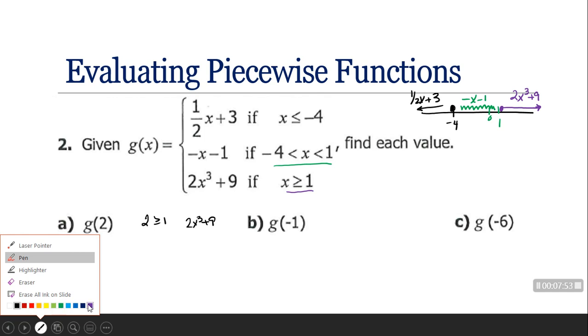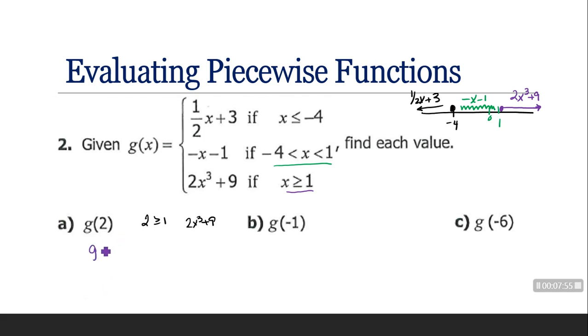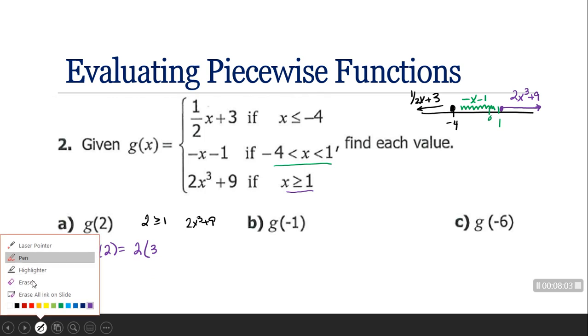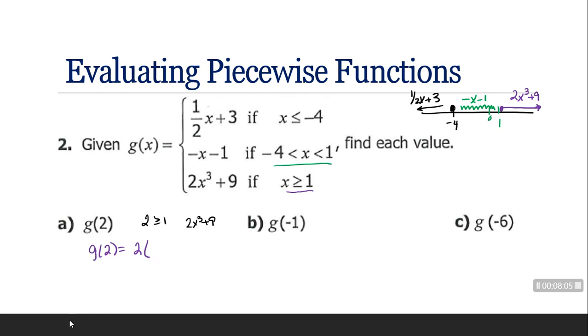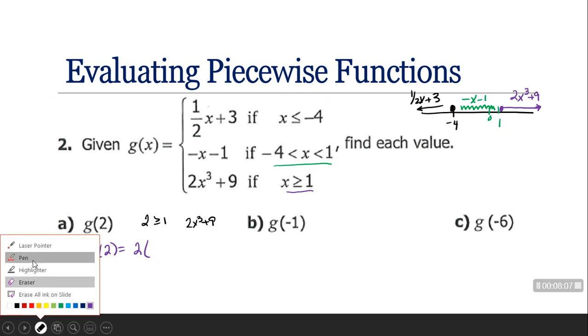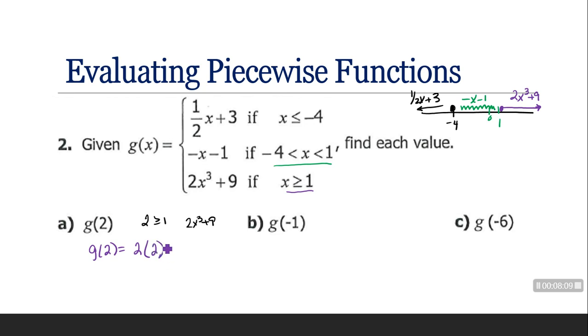Okay, so to evaluate, we're going to do what we did in the last examples. When the x value is 2, we'll say 2 multiplied by, whoopsies, I was doing my power first, excuse me. So 2x cubed plus 9, so it's 2 multiplied by 2 to the third power plus 9.